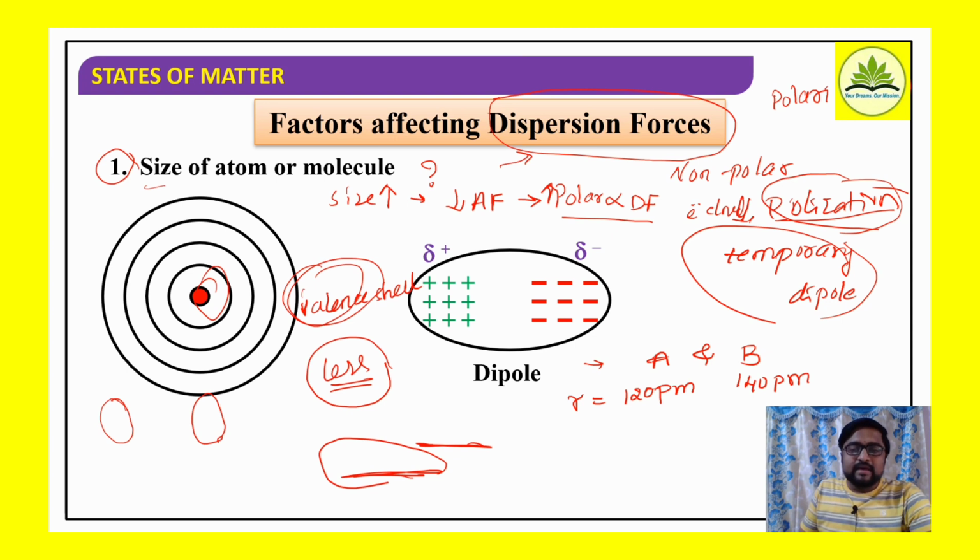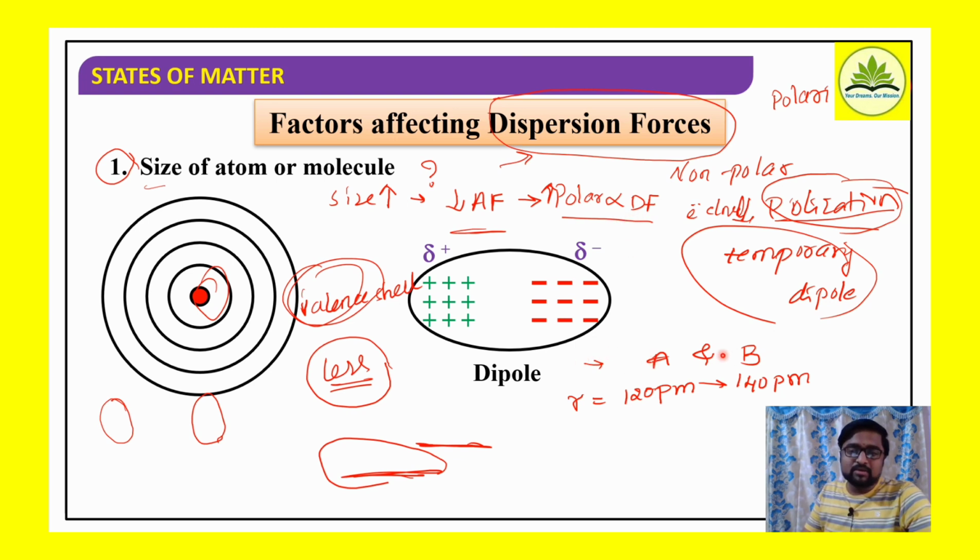As size increases, the attraction between the nucleus and valence electrons decreases. Therefore, such atoms or molecules can be easily polarized, so polarizability is more, and dispersion force increases.